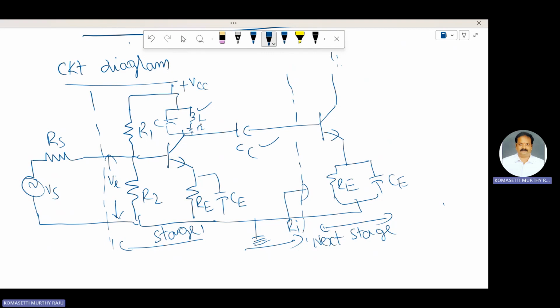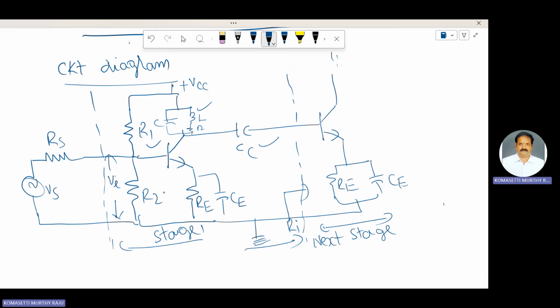This is the tuned circuit. The output across this tuned circuit is coupled to the next stage through this coupling capacitor CC. The tuned circuit formed by L and C acts as a collector load and resonates at the frequency of operation.